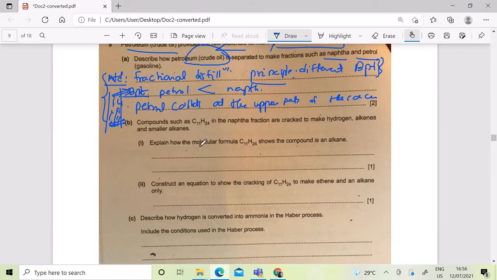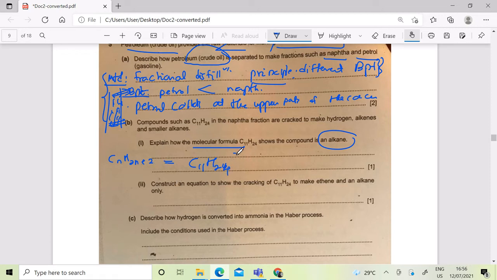Compounds such as C11H24, right? Explain how the molecular formula shows the compound is an alkane. Simple, because alkane general formula is CnH2n plus 2. So in other words, if I take C11, it should be H24. 11 into 2 is 22 plus 2.